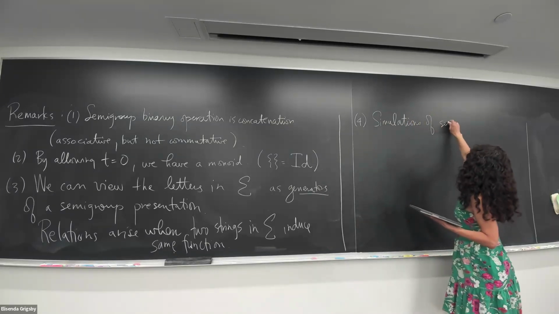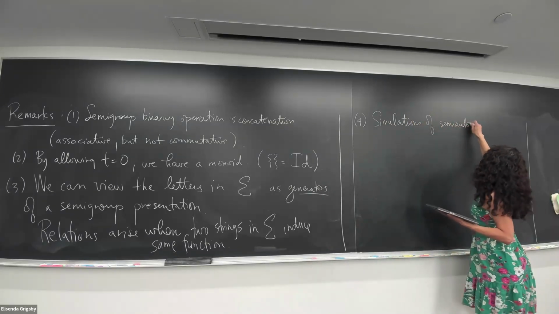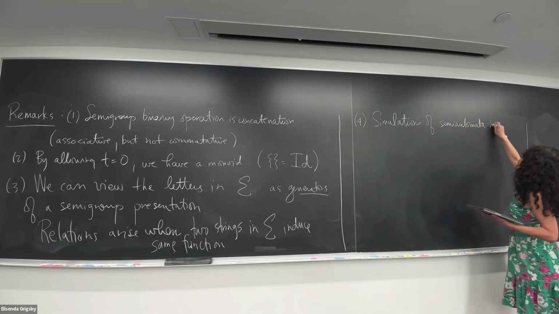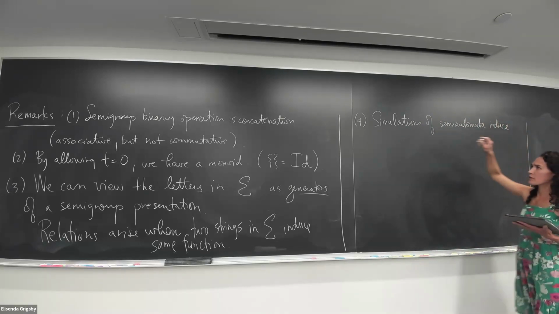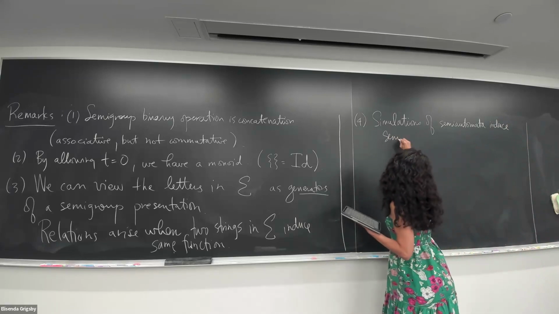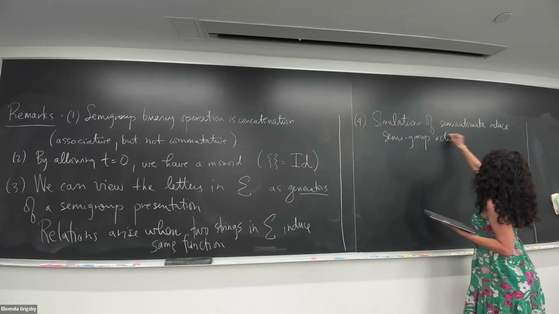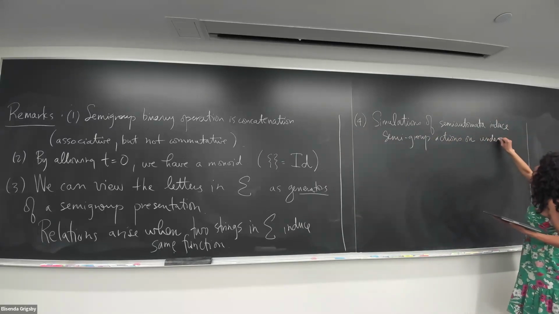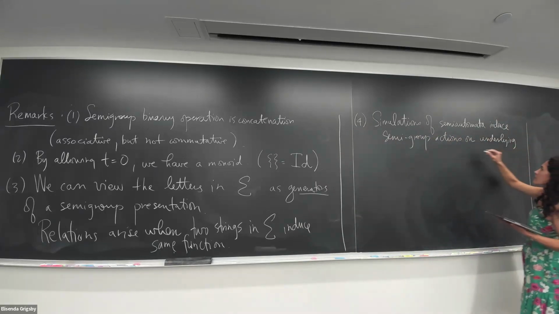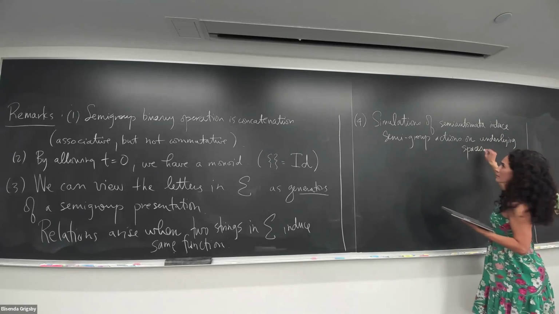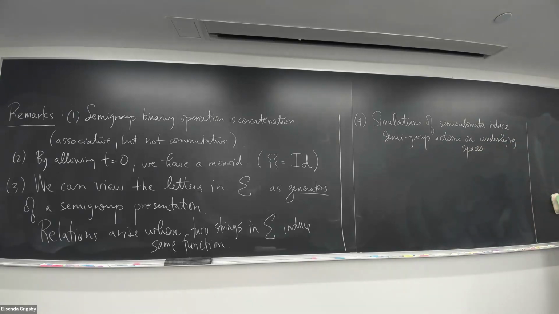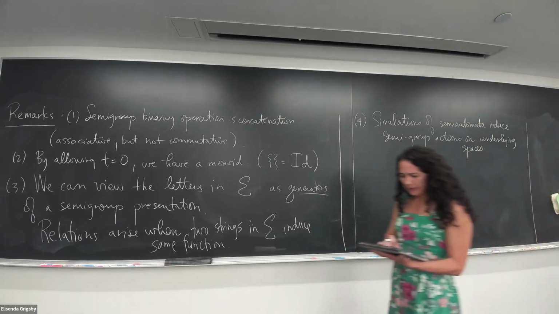Simulations of semi-automata inherently induce group actions, semi-group actions, on the underlying spaces, in ways that I don't think have been fully explored. At least I don't get the sense that this sort of connection has been explored at length.